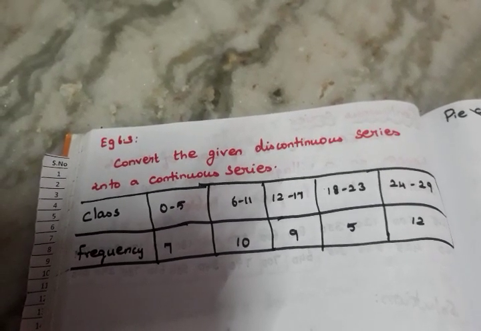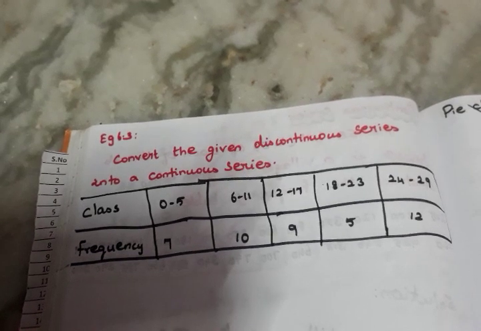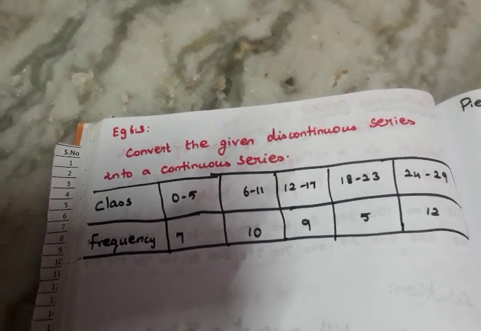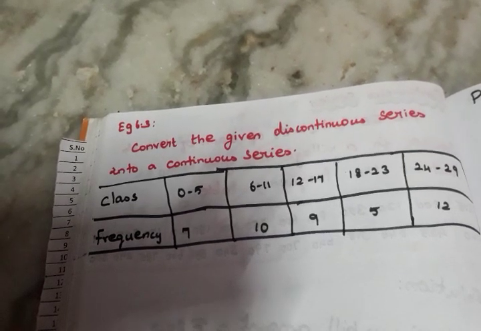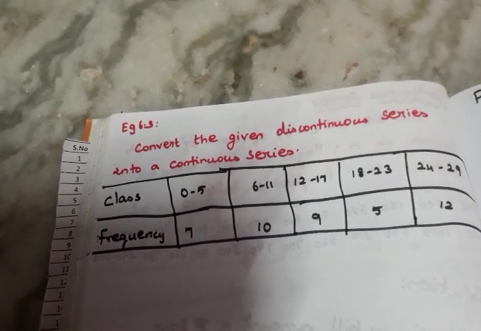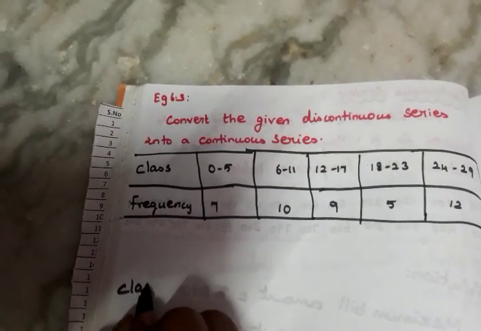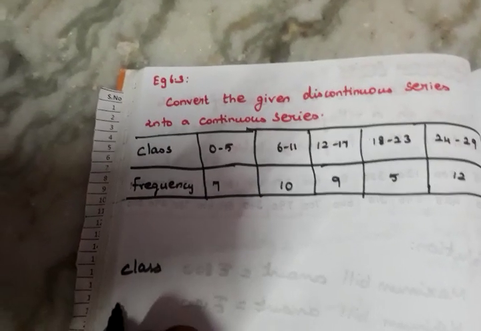Convert the given discontinuous series into a continuous series. Class: 0 to 5, 6 to 11, 12 to 17, 18 to 23, 24 to 29. Frequency: 7, 10, 9, 5, 12. First, we find the gap.